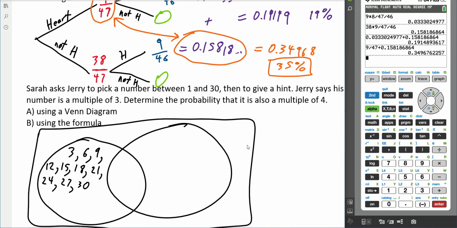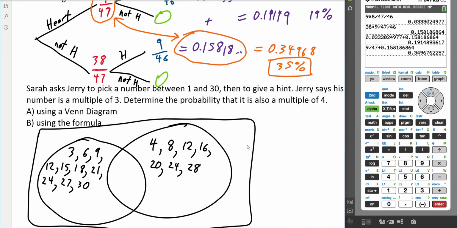Now it says determine the probability that it's also a multiple of 4. So let's take a look at the multiples of 4. 4, 8, 12, 16, 20, 24, 28. So where does it overlap?